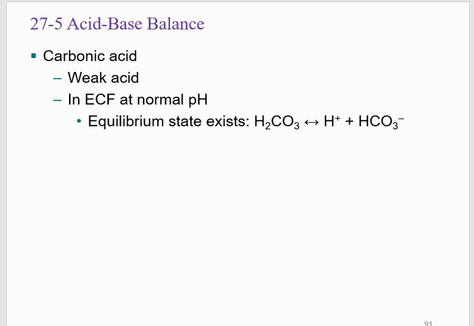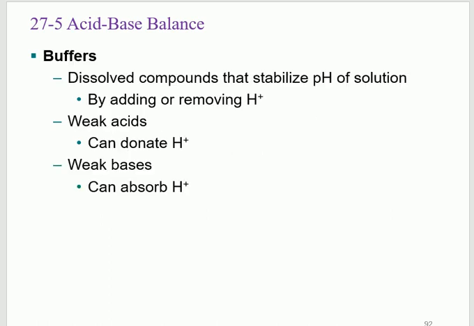It can be used. And this buffer is weak acid and weak base. And I told you why it has to be weak, because the change is minor. Weak acids and weak bases result in minor changes. Is that clear? Weak acid and weak base. This is the buffer system.